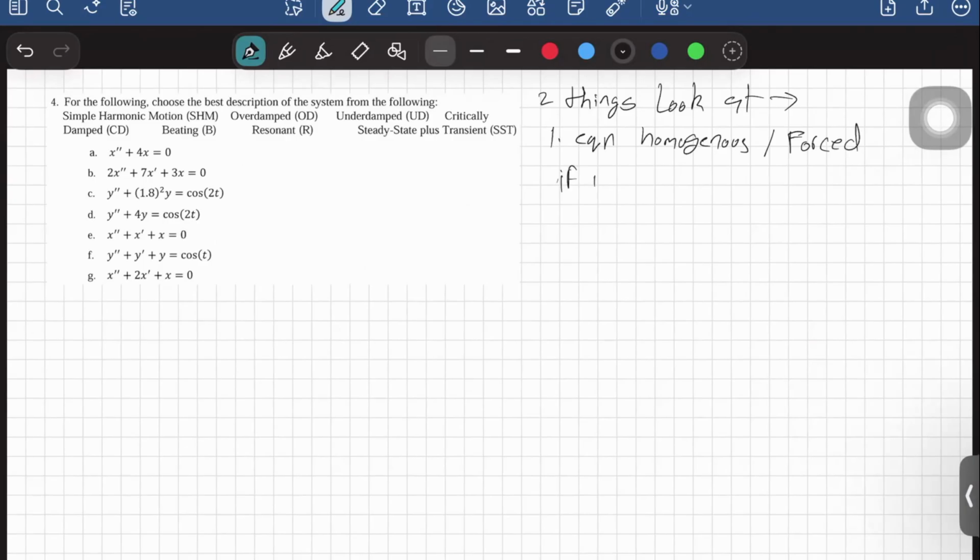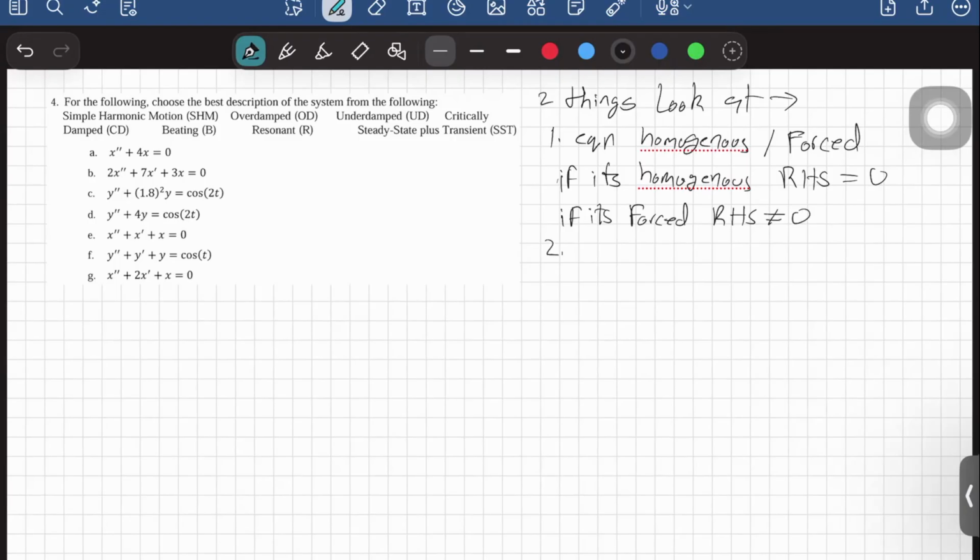If it's homogeneous, the RHS is equal to 0. If it's forced, that basically means that our RHS is not equal to 0.